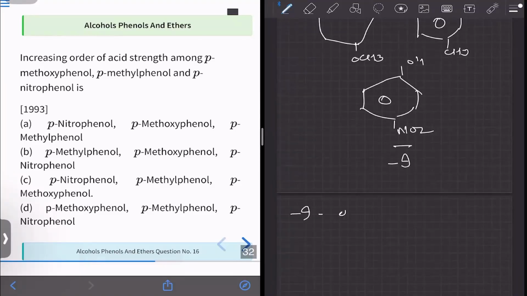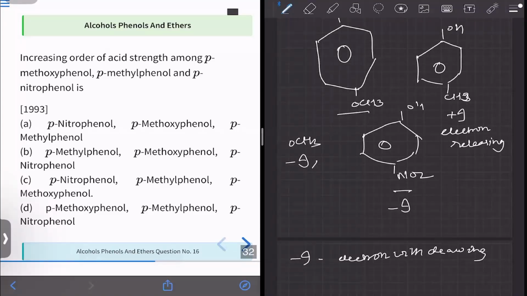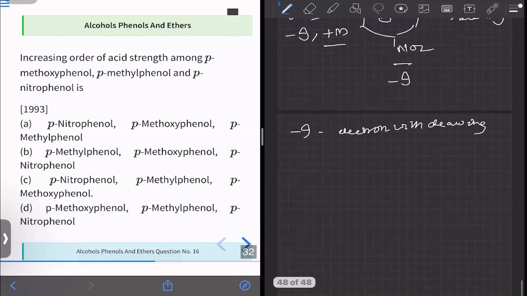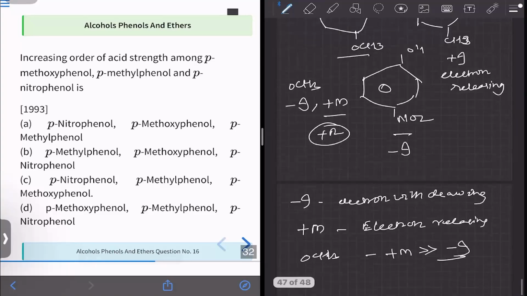Minus I means electron withdrawing group, and CH3 is a plus I group, meaning electron releasing group, and OCH3 is a minus I group along with plus M. Plus M means plus R group, so plus M means electron releasing. In OCH3, plus M is greater than minus I.